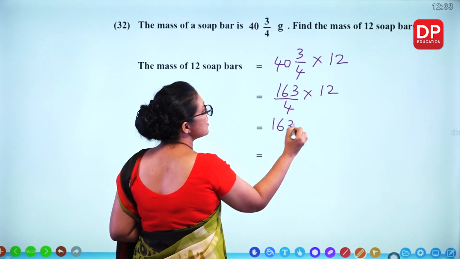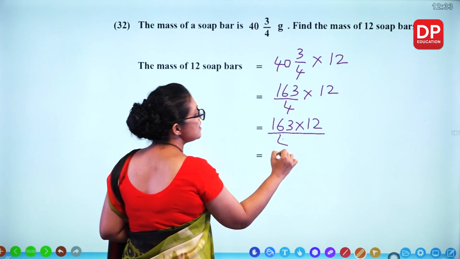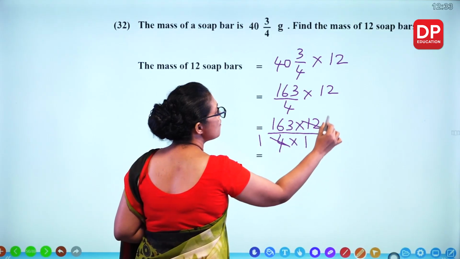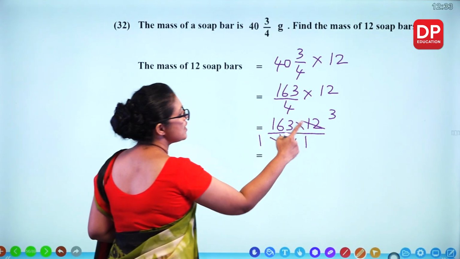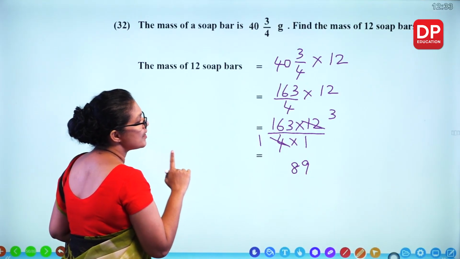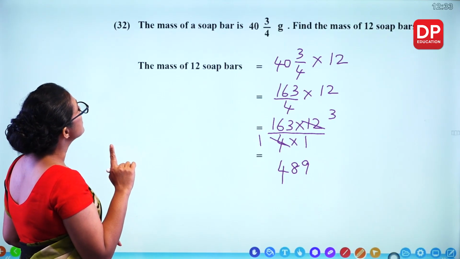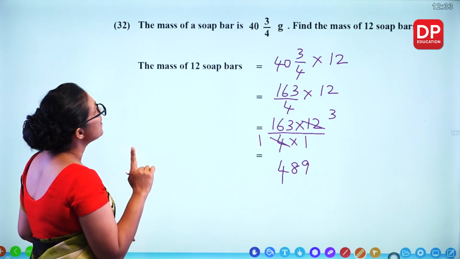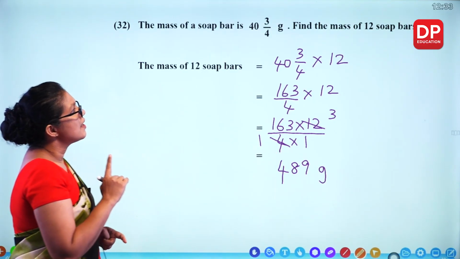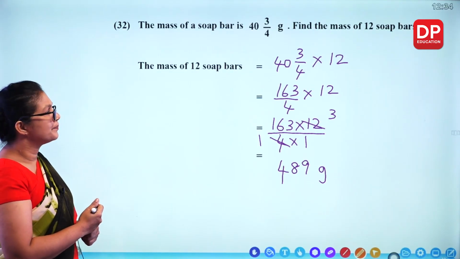Write the numerator separately and the denominator separately. This is like 1. And simplify. 4 times 1, 4 times 3. So 3 times 3 is 9, 3 times 6 is 18, 3 times 1 is 3 plus 1 is 4. So you get 489 grams in 12 soap bars.